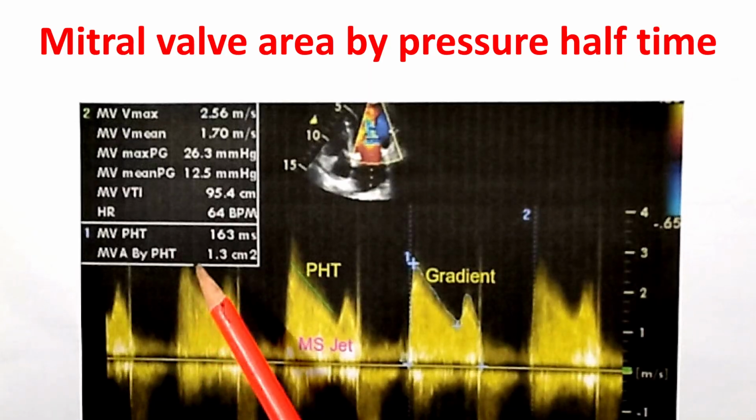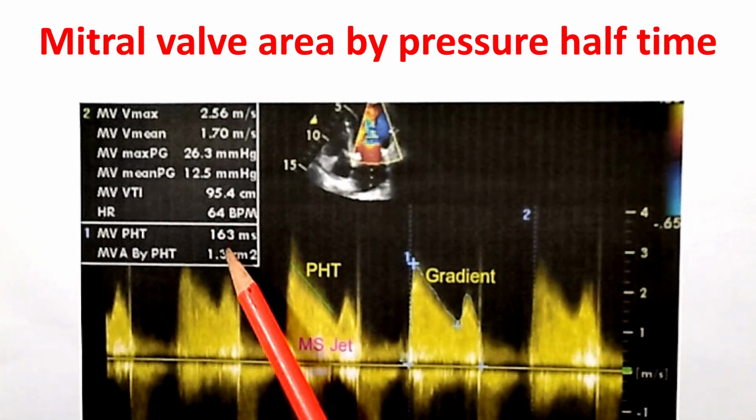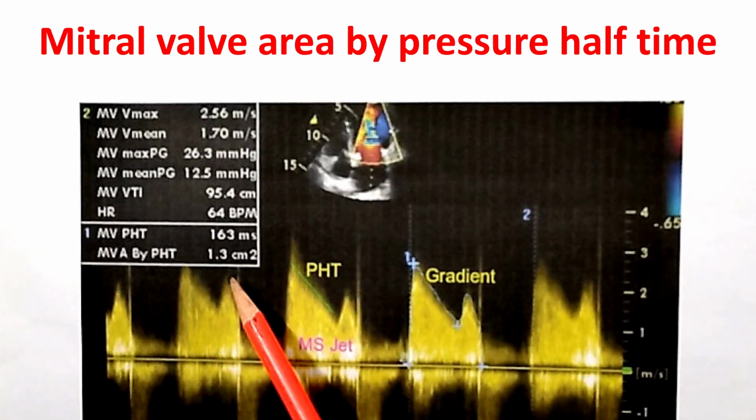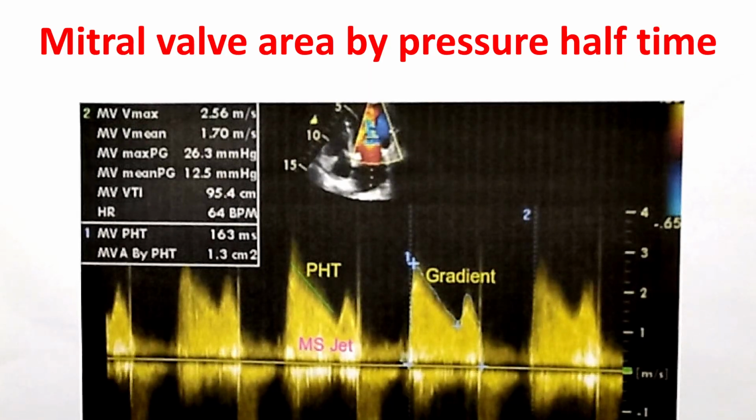So here the measured pressure half time is 163 milliseconds, and the corresponding mitral valve area calculated by the machine is 1.3 square centimeter. Pressure half time of 220 milliseconds will correspond to 1 square centimeter of mitral valve area.